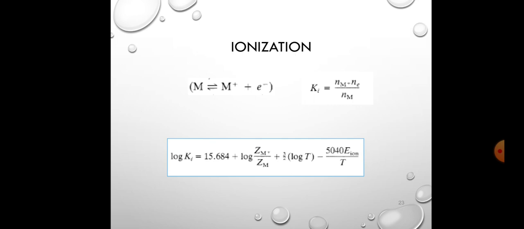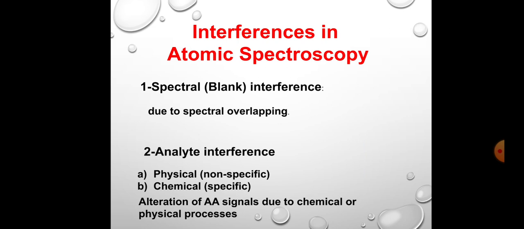And we have a similar Saha equation here, log of Ki. The last term again is the most important, and we have E ion, that is the ionization energy, and T is the temperature. So if the ionization energy of an element is smaller, then we have more ionization of that sample. And if the temperature is higher, we also have the same phenomenon.